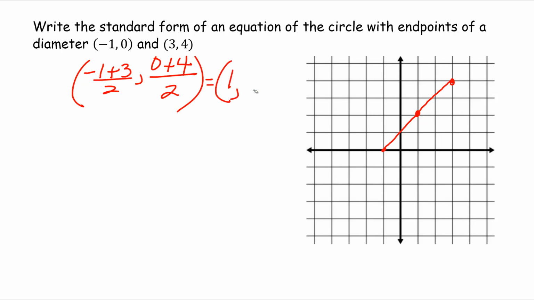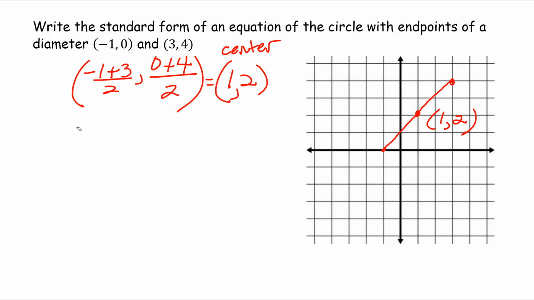So that's 1, 2. That is the center of the circle. And then I can see what the radius is by finding the distance between the center and the endpoint of that diameter. So the distance, so this is the center.